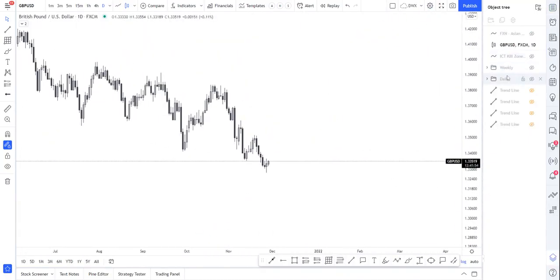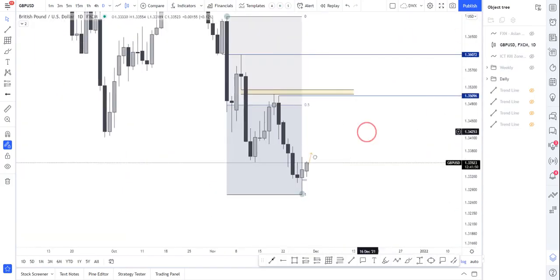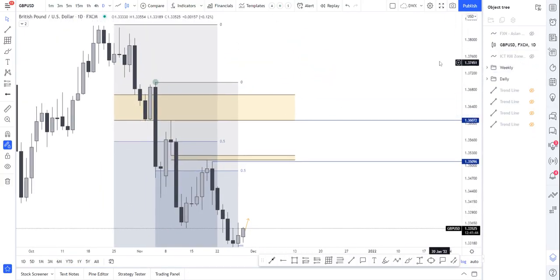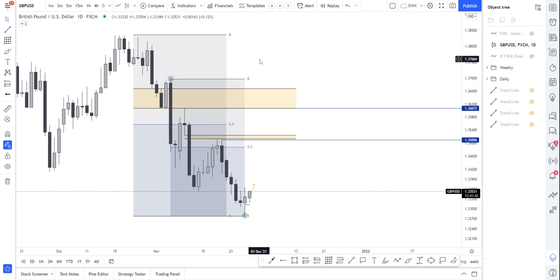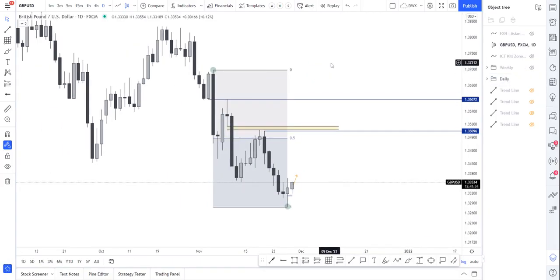Back on the daily, we can just apply the daily, and we can potentially see where price is heading to on the daily, and we can overlay that with the weekly and get a clearer picture of where price is heading to. So that's just a smart way of organizing your tools and getting a clear picture of what is happening.